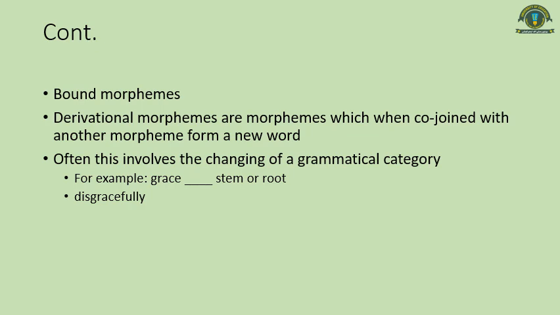Now we come to an adjective, but sometimes there is no change in grammatical category. We can continue again, gracefully. So we have now the creation, derivation of a new word.